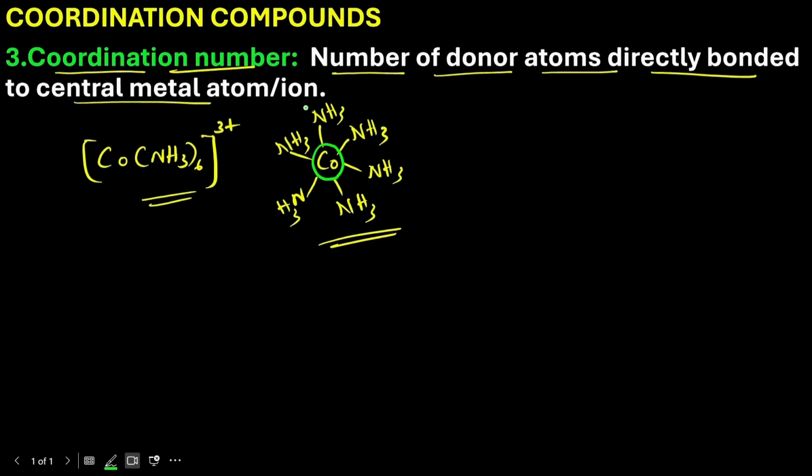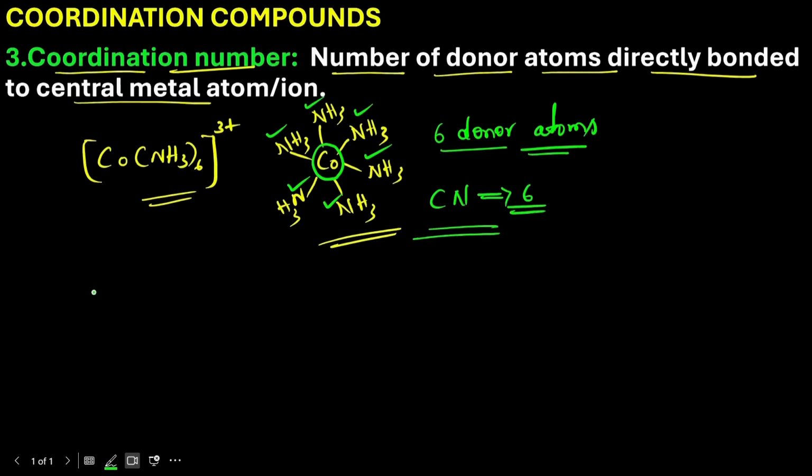So in this case, nitrogen is the donor atom. Here nitrogen, here nitrogen, nitrogen and nitrogen. How many donor atoms are attached to cobalt here? 6 donor atoms are there. Okay, 6 donor atoms are attached to the metal cobalt, so therefore the coordination number is 6.